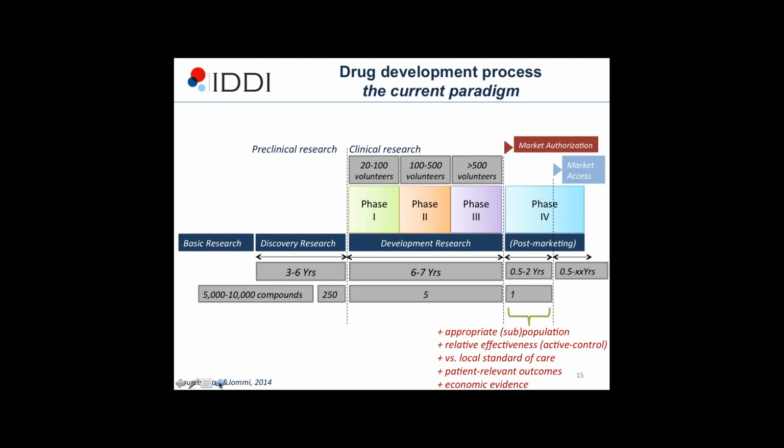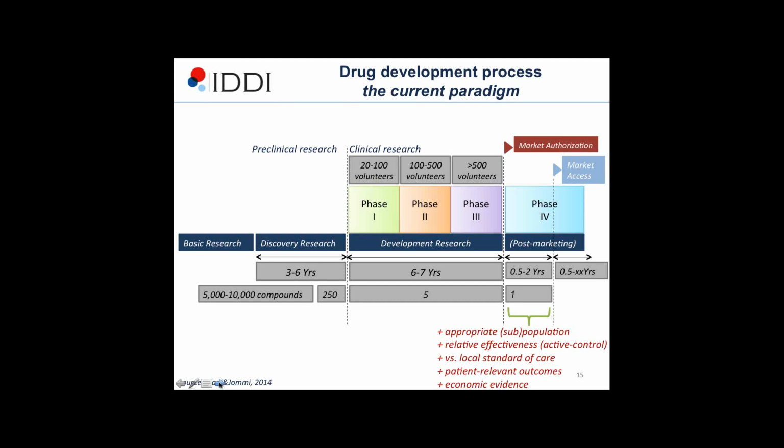Compared to licensing agencies that are focused on the risk-benefit profile of the product, the HTA evaluation agencies have different interests and therefore different evidence requirements. The criteria for coverage and reimbursement change across countries.